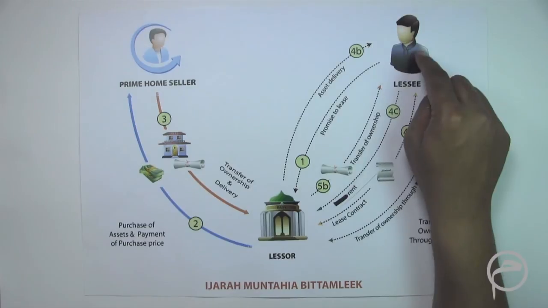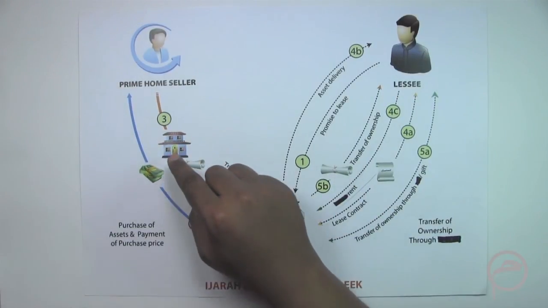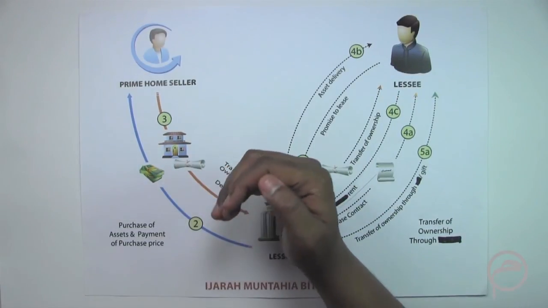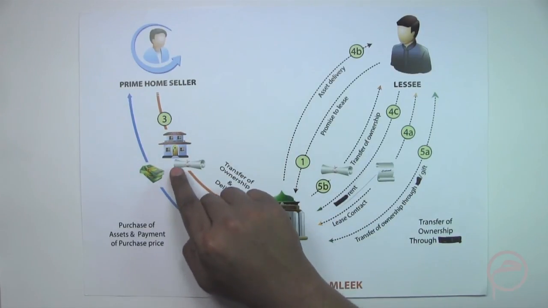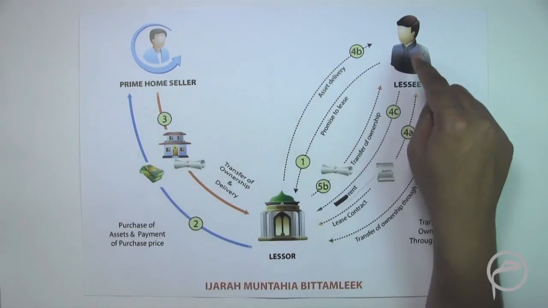So the customer is appointed as a service agent to maintain the asset, to take Sharia compliant insurance on the asset, which is the kafil, to see to it that the asset is not damaged. So the lessee is appointed as a service agent through a separate service agency agreement.